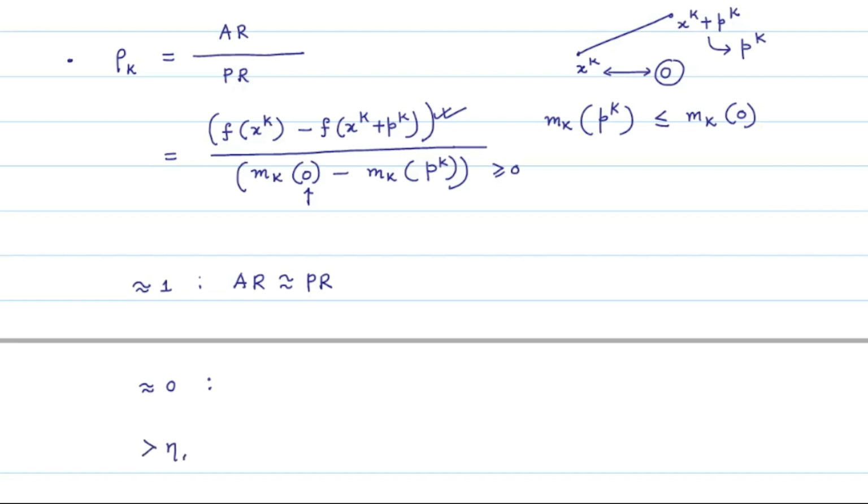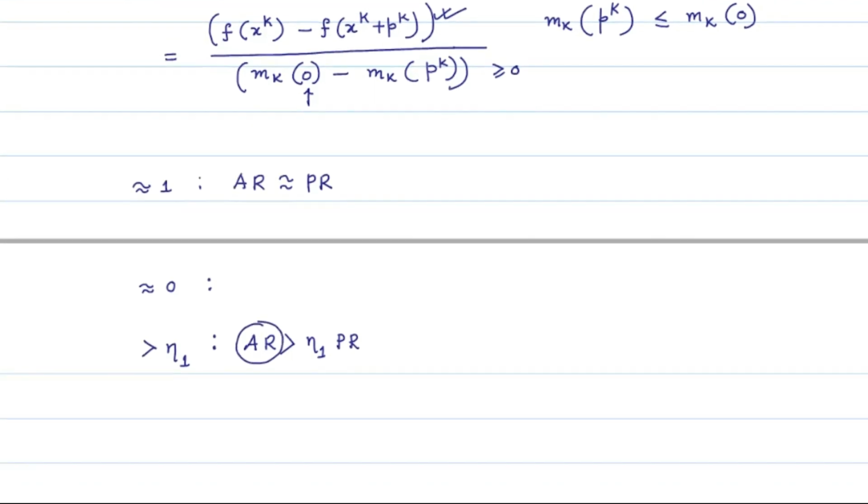If ρk is bigger than a threshold η1, then we can expect that the model function is a good approximation, because when ρk is greater than η1, the actual reduction is greater than this fraction η1 times the predicted reduction, and therefore effectively we are getting a bit of reduction of the objective function value.